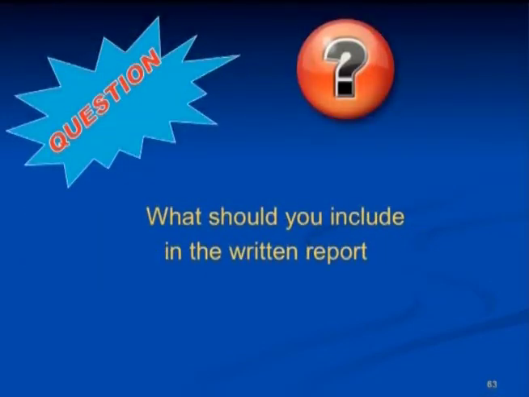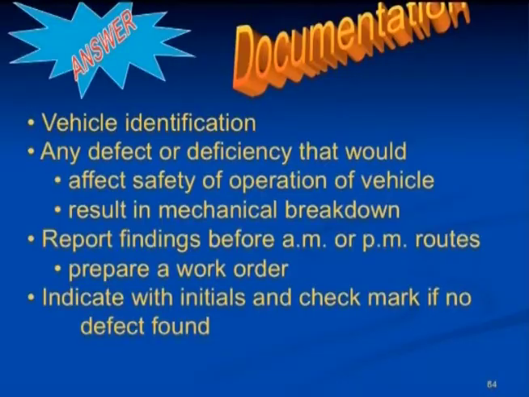What should you include in the written report? Vehicle identification, and any defect or deficiency that would affect the safe operation of the vehicle or result in a mechanical breakdown. Report the findings before the AM or PM routes and prepare a work order if need be. Indicate with your initials and a check mark if no defect was found.